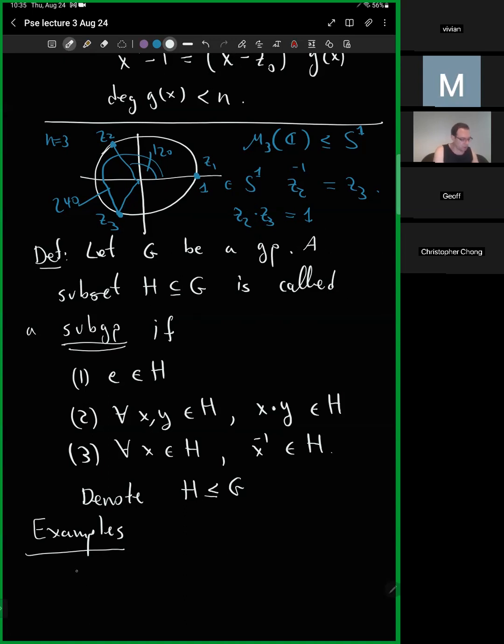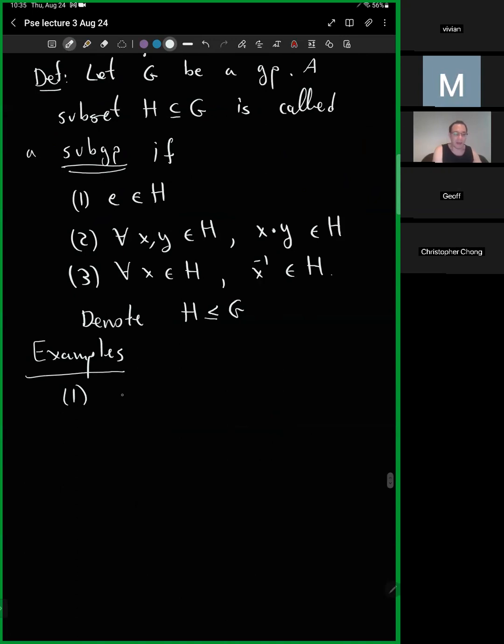So the first example, I take G to be the integers, with the neutral element being 0 and the operation being plus. And I take H to be what I denote as nZ. nZ is the set of all integers of the form n times a, where a is an integer.